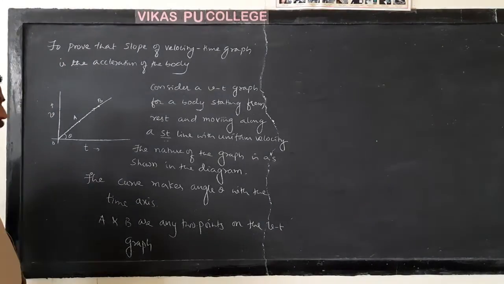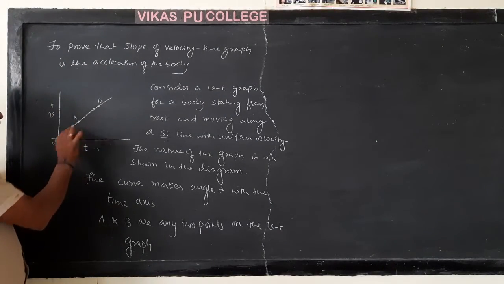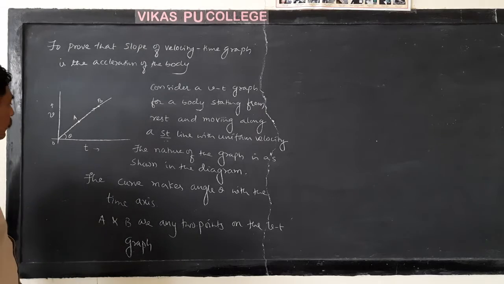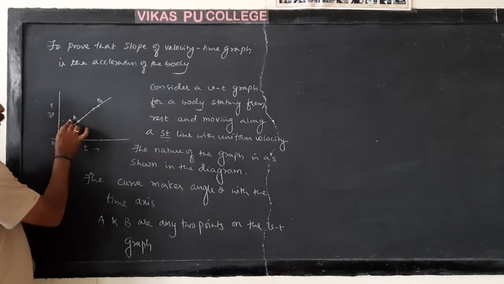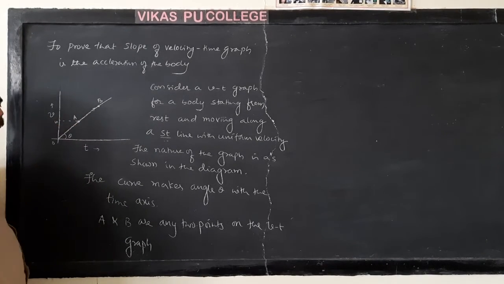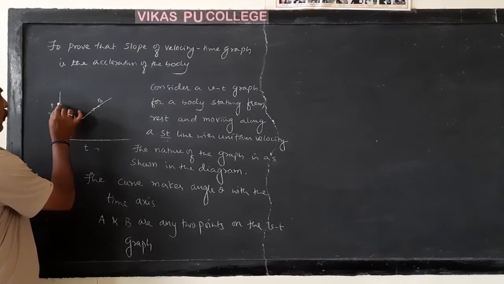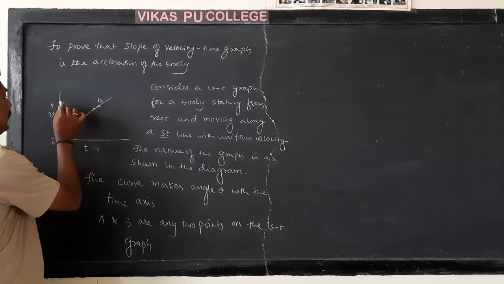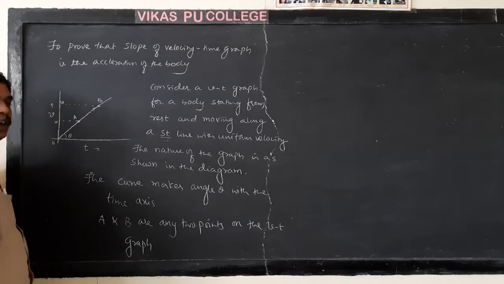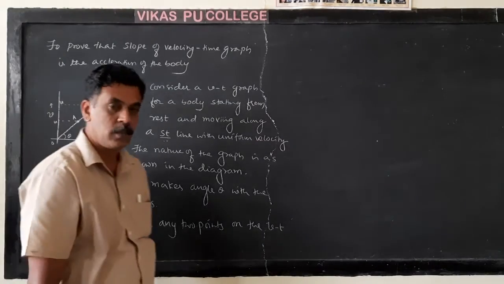So let us say the body is at A while moving, it has velocity u, and when the body reaches B, it has velocity v.